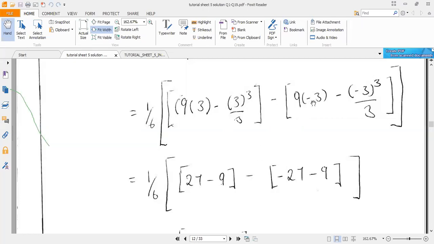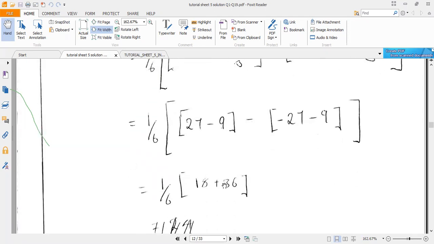We know that 9 times negative 3 is negative 27. Then we can reduce the 3 again here, going to have negative 3 to the power 2, which is just positive 9. So we're going to have negative 27 minus 9 there. So when you subtract 27 minus 9, you have 18. Negative 27 minus 9 is negative 36. Negative 36 times a negative is positive 36.